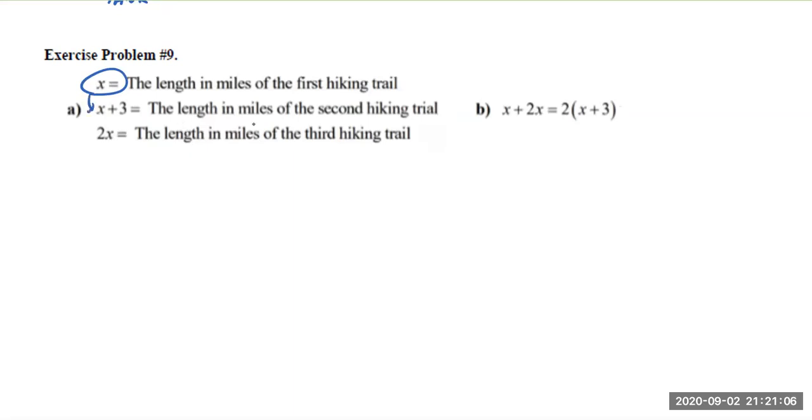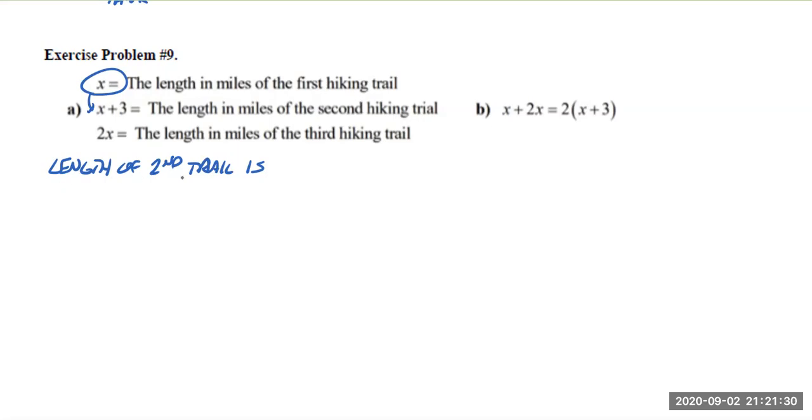So now when I interpret that, I'm going to look at the length of the second hiking trail, which equals, well, it looks like I'm adding 3 to the length of the first hiking trail.